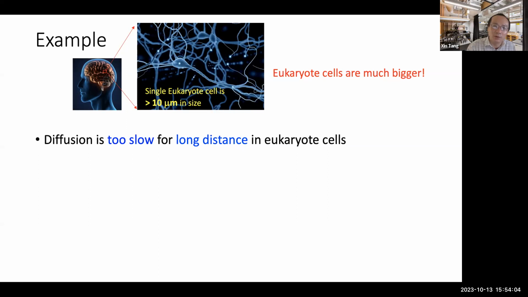You don't want to hold your hand there, burn your hand, and after several minutes realize it's hot. That's too late, right? You want to do things very quickly. That means diffusion is too slow. It's not an appropriate option for this kind of eukaryotic cell function.